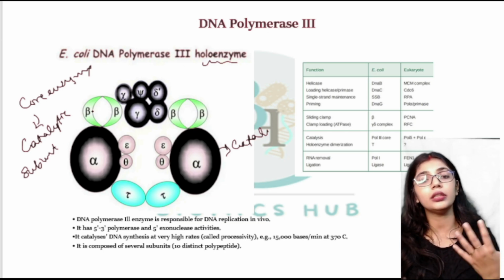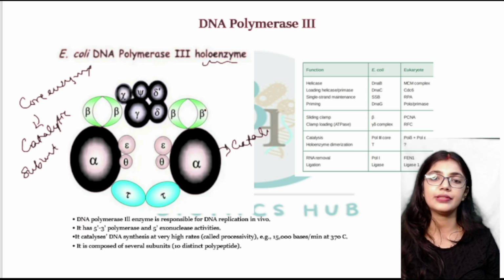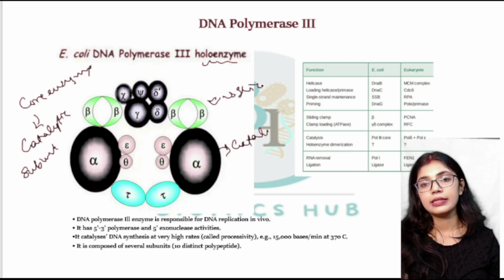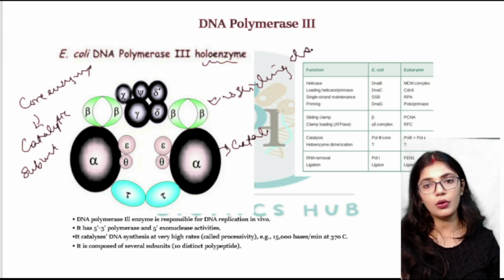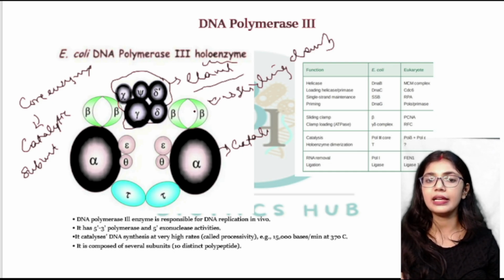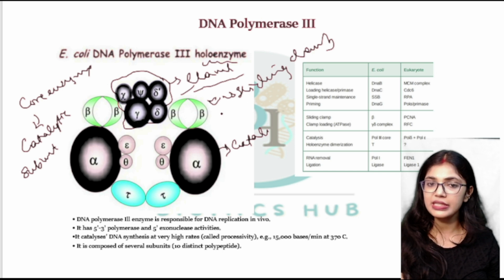So what are the other things present apart from the catalytic subunit? This beta is known as the sliding clamp, and this is the clamp loader, which is recognized as the gamma complex. The whole purple-colored part is known as the gamma complex, or the clamp loader. Beta is known as the sliding clamp.